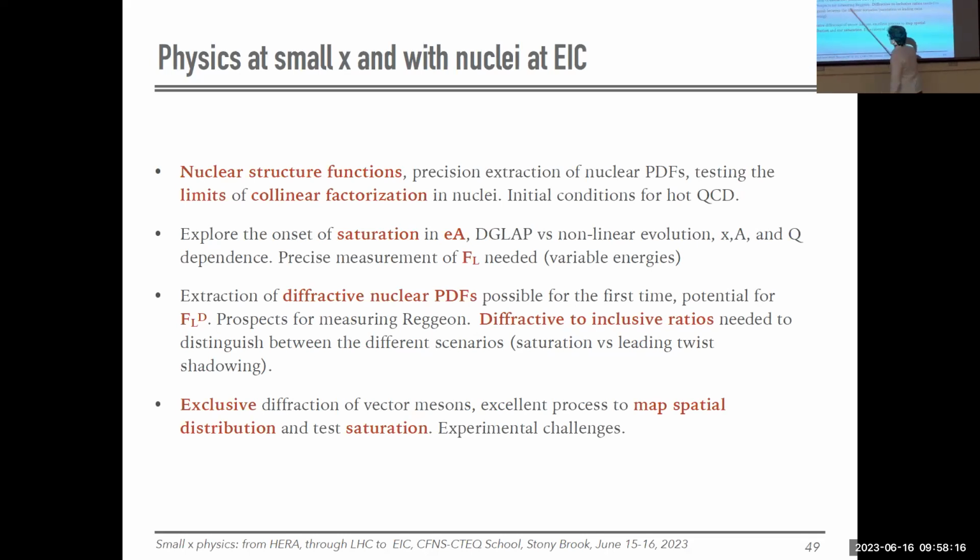In my opinion, FL is needed to make this more robust, to have a better handle on this difference. The other thing is diffraction. As far as inclusive diffraction, there are lots of possibilities, especially in the case of nuclear diffraction. The diffractive to inclusive ratio of structure functions is very interesting because there are strikingly different predictions, so it would be nice to measure it.